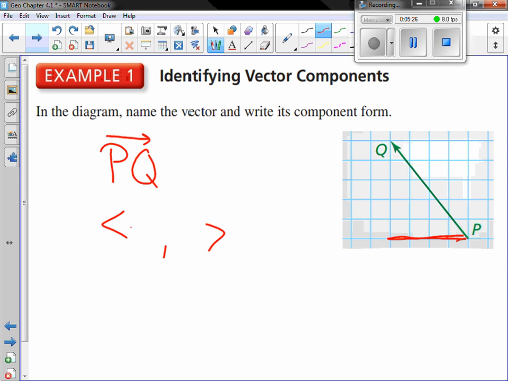Yes. It would be -4 because it does move 4 horizontally. And because it's moving to the left, it would be negative.